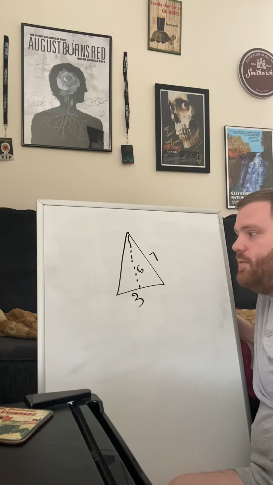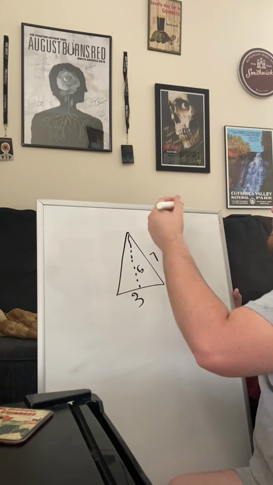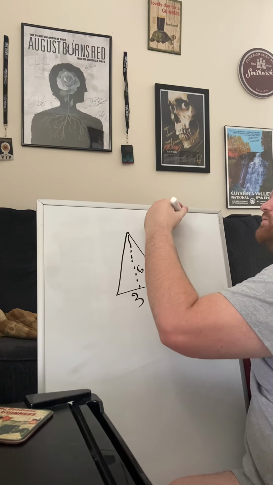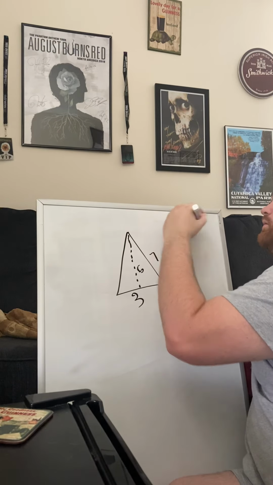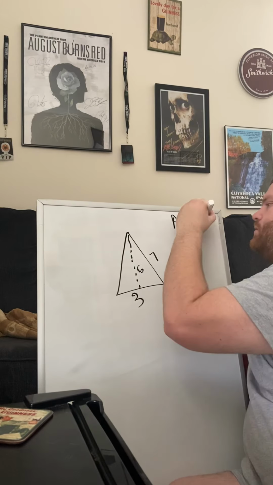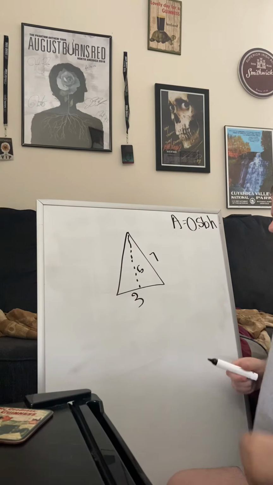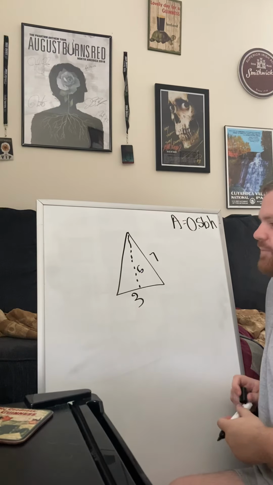And the question says, hey, what is the area of this triangle, right? So we're going to figure that out. So again, my formula for area of a triangle is area equals 0.5 times the base times the height.